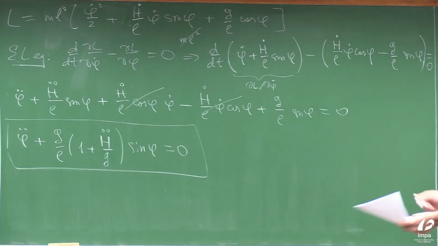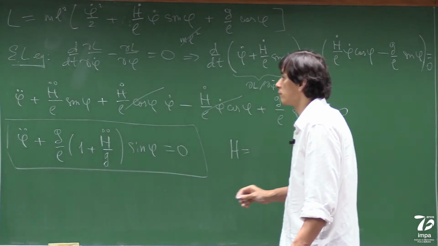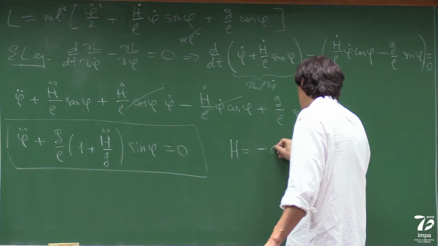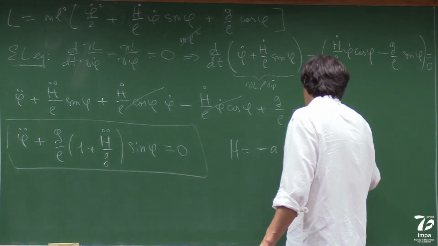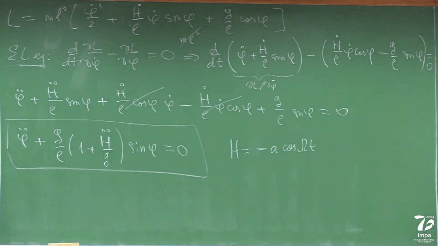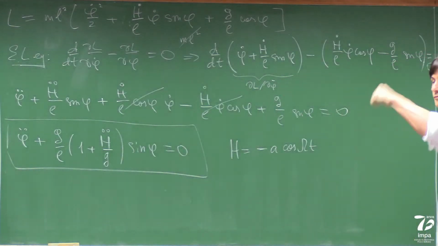Okay. So for example, if the support moves periodically, harmonically, let's put minus a cosine omega t. I put minus just to have plus at the end. So a is the amplitude and omega the frequency.